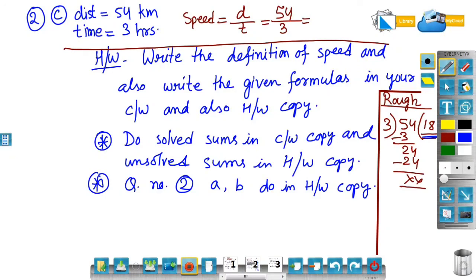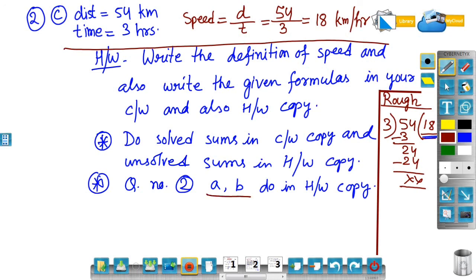By dividing this we can find the speed, that means 18 km per hour. It is the speed of any car or moving object. So by these formulas you can easily solve these sums for question number 2 A and B.